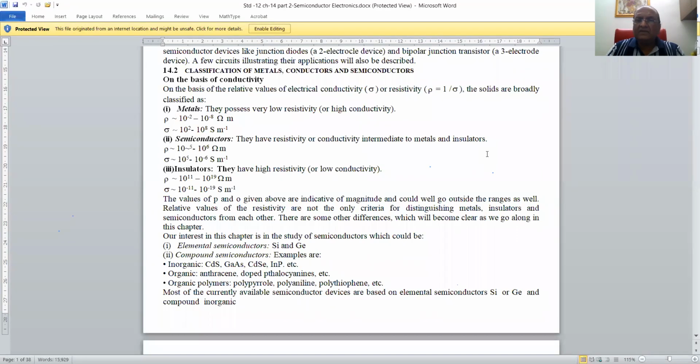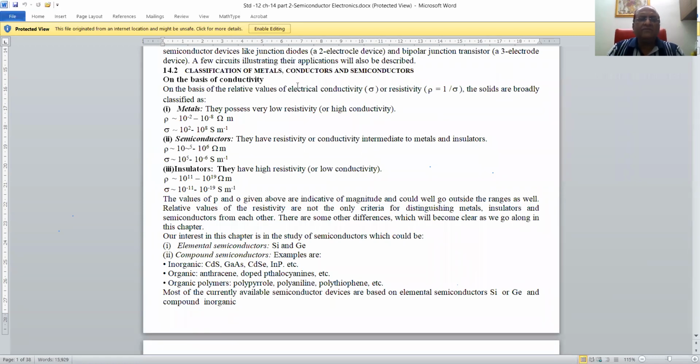Conductors: all the metals are very good conductors. They have large conductivity but very small resistivity, right? We know that resistivity and conductivity are reciprocals of each other, right?